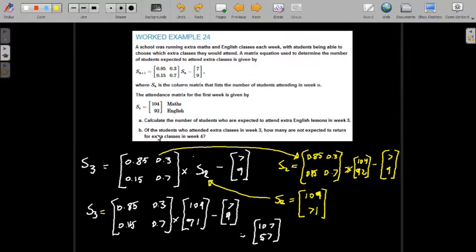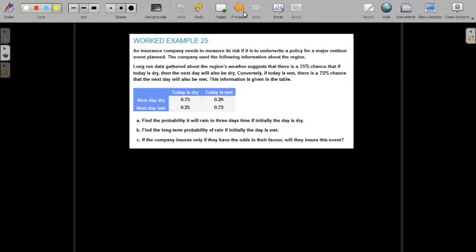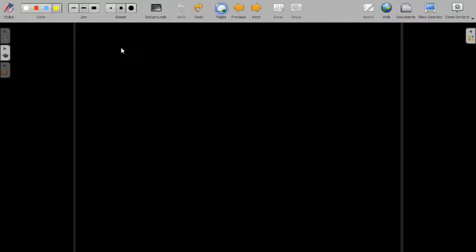Part B says, of the students who attended extra classes in week 3, how many are not expected to return for extra classes in week 4? So this just means that we need to work out what S4 is.